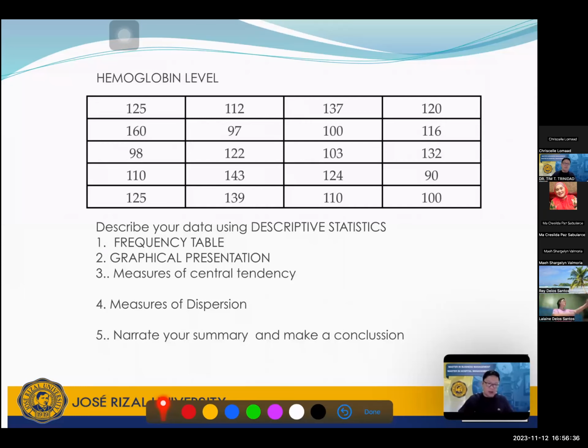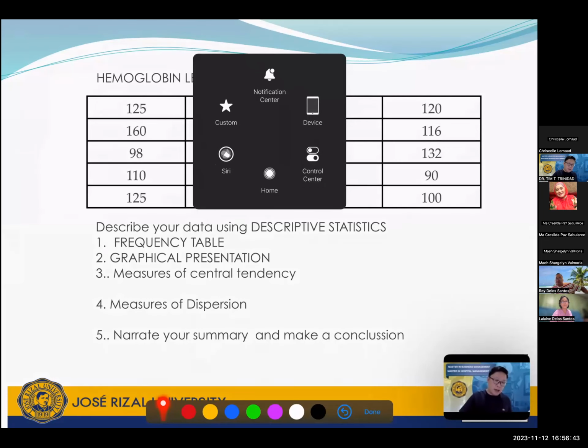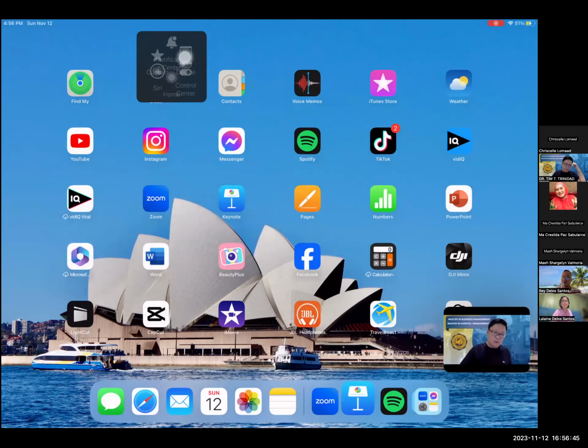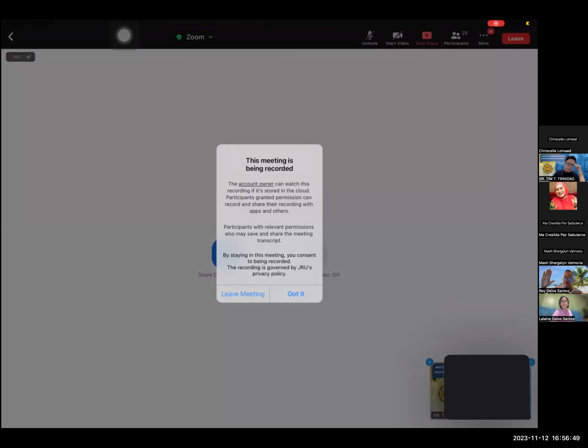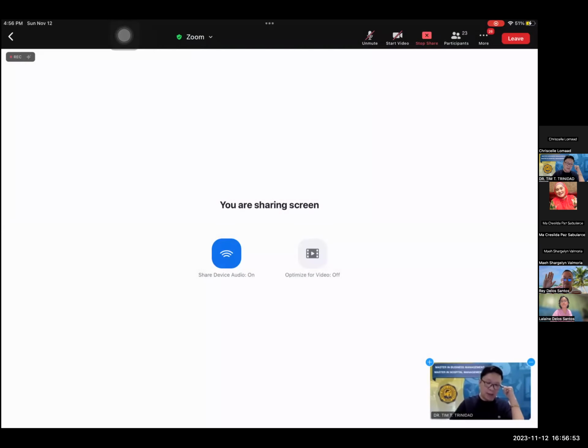One more thing. Can you raise your hand if any of you are familiar with the use of Excel? How many of you are familiar with the use of Excel?